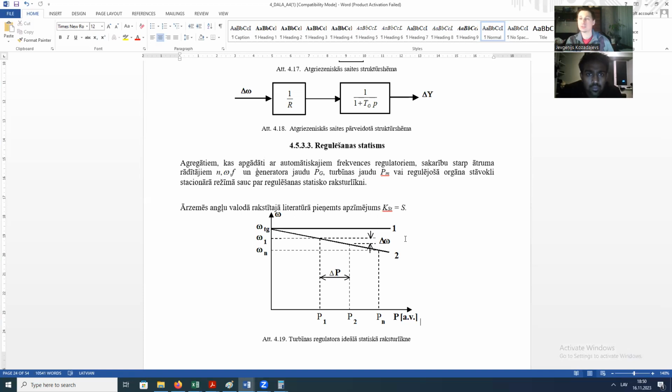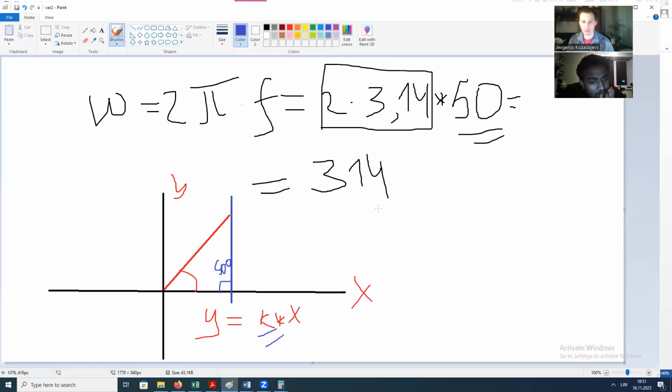And here you could understand, for example, if we have a power of, for example, 100, and we have this reserve of 5%, it means that in this case we come back to this unit that represents this part of regulation. It is 1 divided by R, 1 divided by its value.